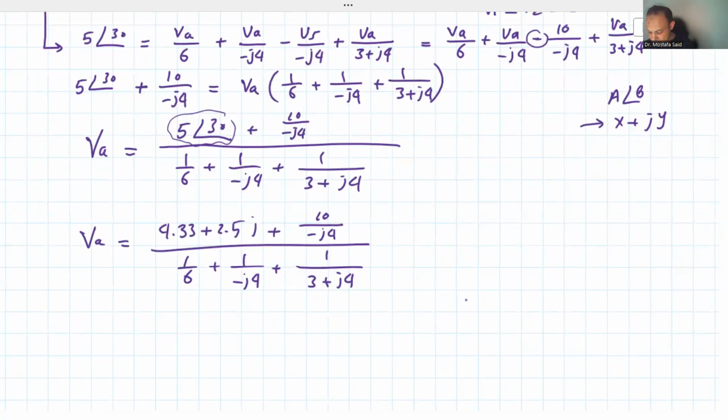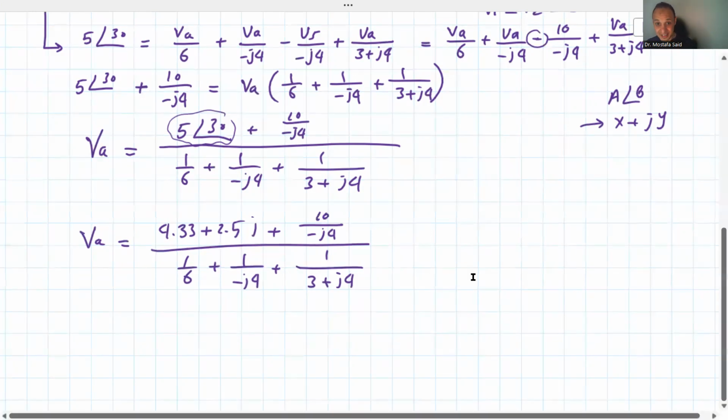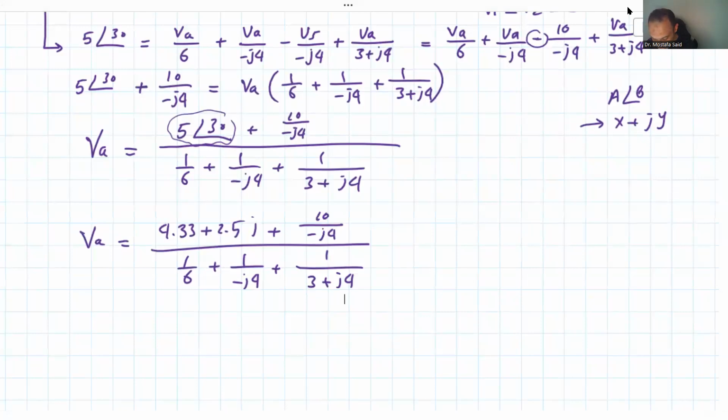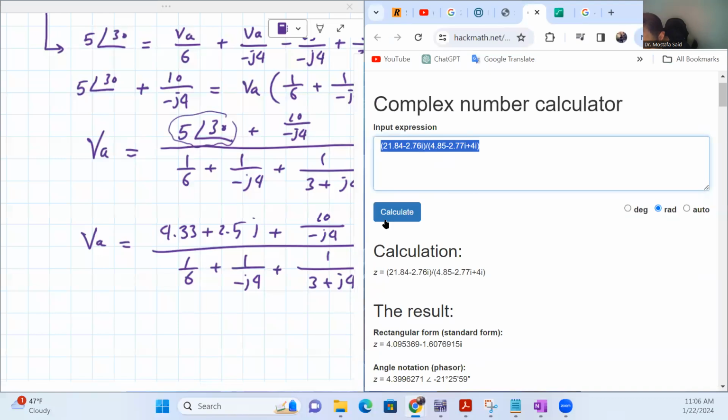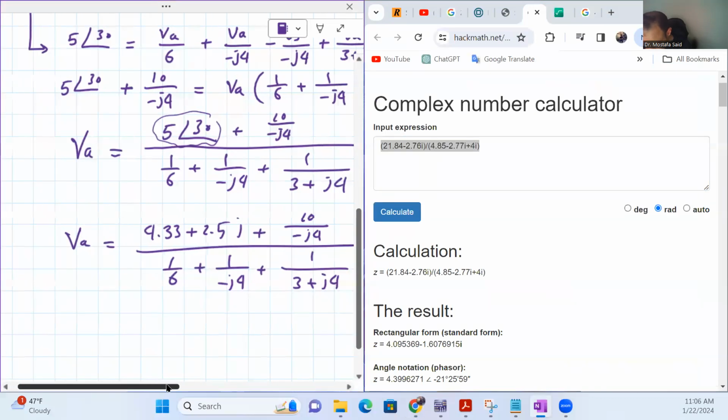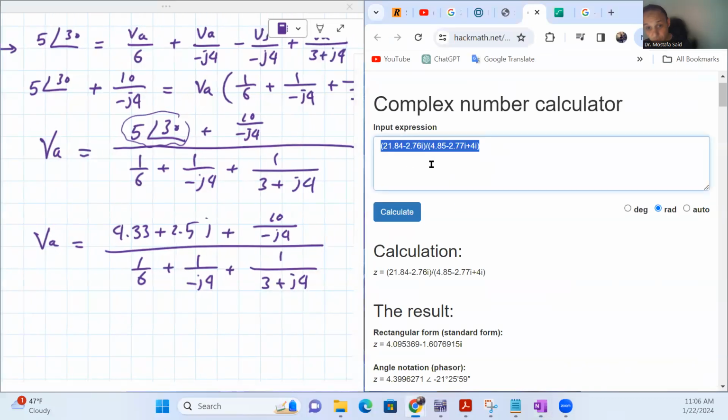Very ugly step. But now we're gonna use our calculator, and we're gonna do it. So let's bring this to the side here, and use this guy here. So let's write this down. And please follow my way, because sometimes this website screws up if you write stuff in certain ways.